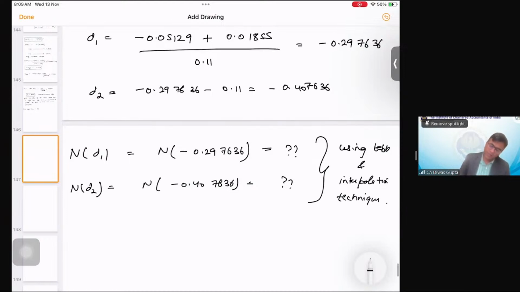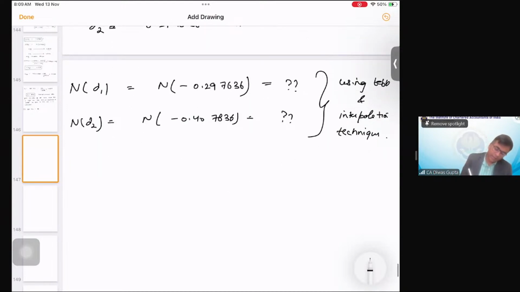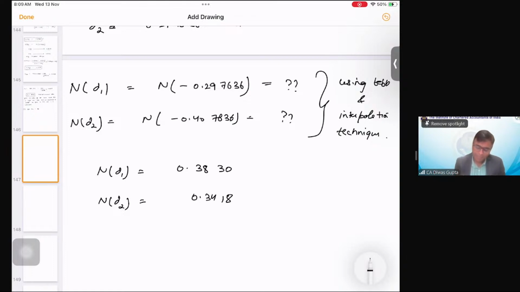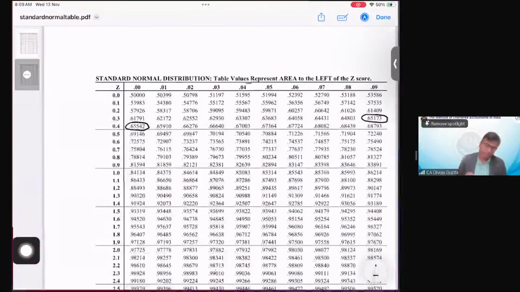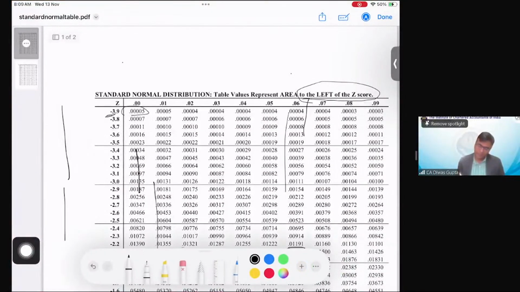If we solve for this, so N(D1) becomes 0.3830 and N(D2) is actually 0.3418. Now let me just tell you, for calculating this 0.297636, we can refer to the standard normal distribution table here.